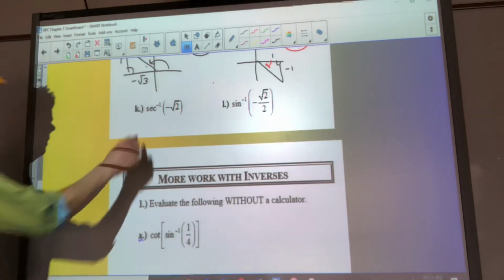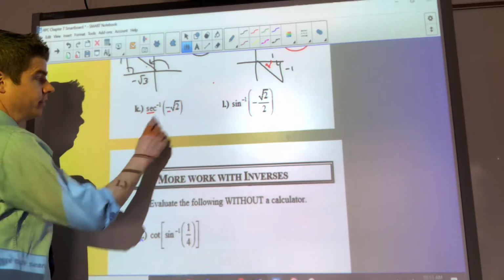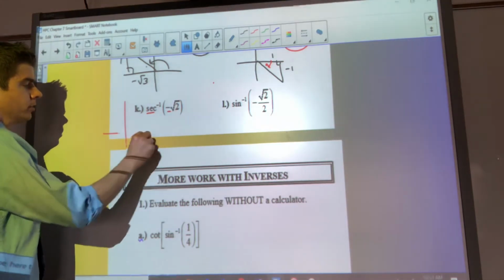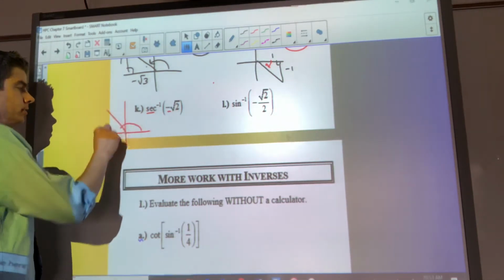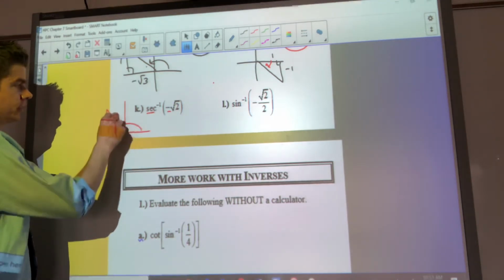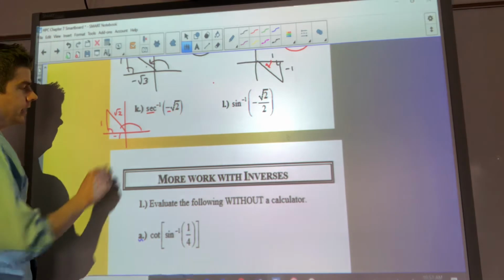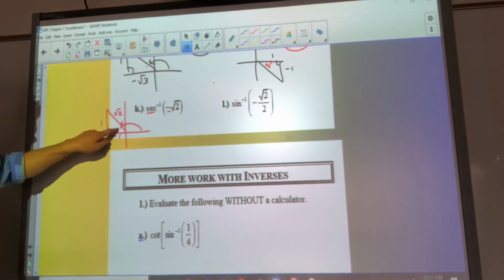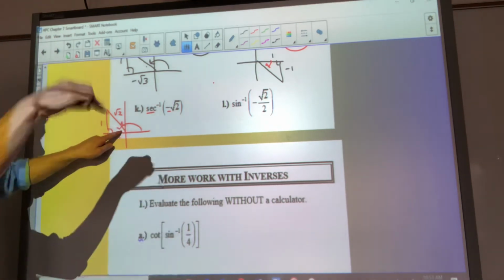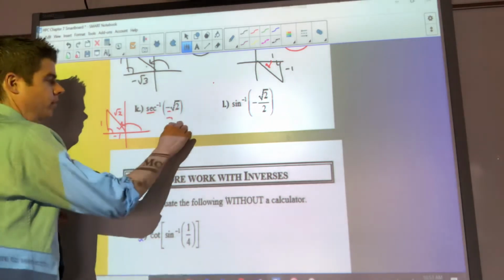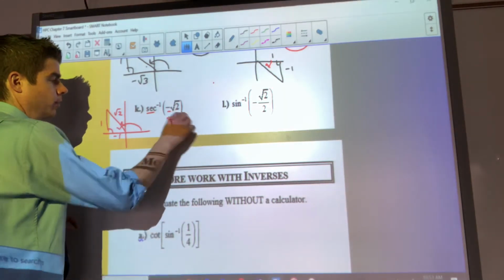So this exists because it's inverse secant of a negative ratio. This exists in quadrant 2. So there's our inverse secant would be root 2 to negative 1. Fill in that side of 1. So we have another 45-degree angle, but the value that gets us there is 135, or 3 pi over 4.